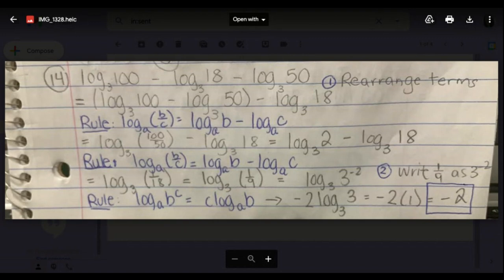So you get log base 3 of 100 over 50 minus log base 3 of 18, which equals log base 3 of 2 minus log base 3 of 18.